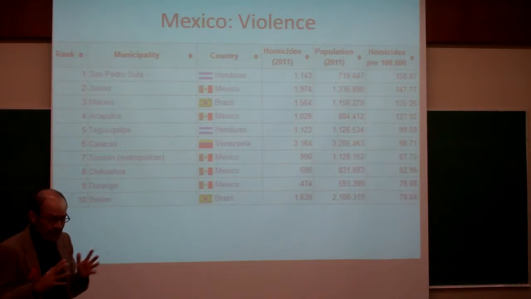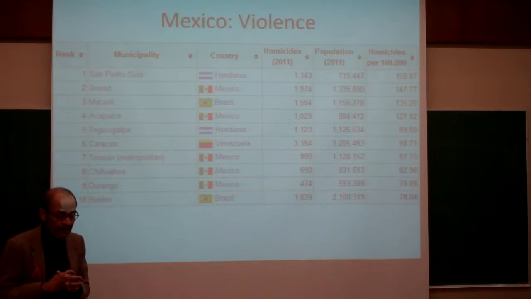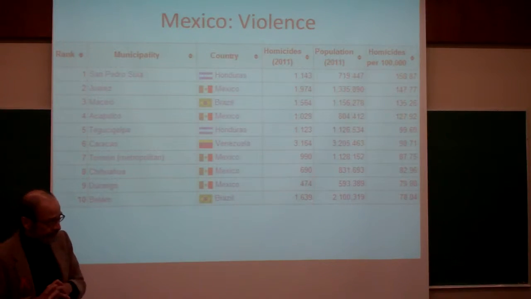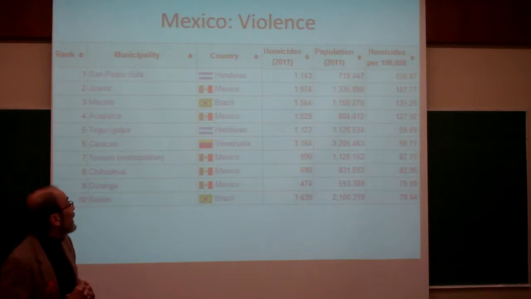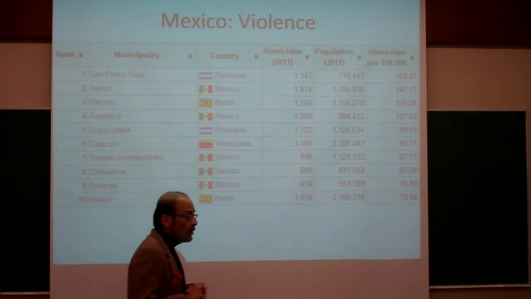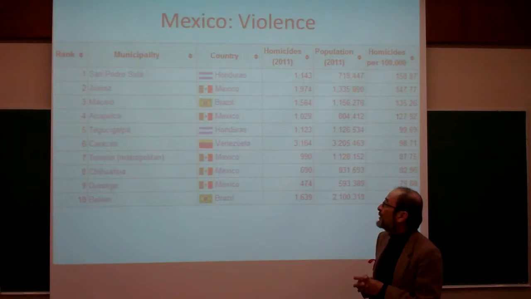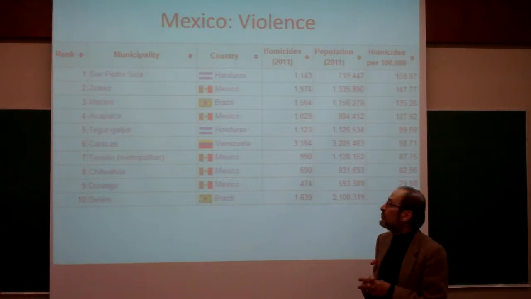But this is where the violence really took off in conjunction with drug trafficking. And indeed it is true that if we look at the most violent cities in the world, these are the top 10, and 4 or 5 of them are from Mexico.